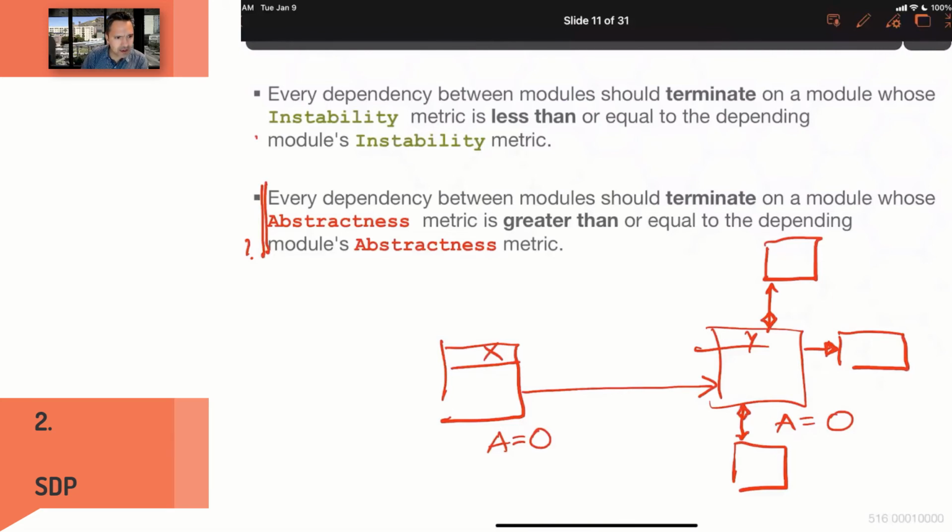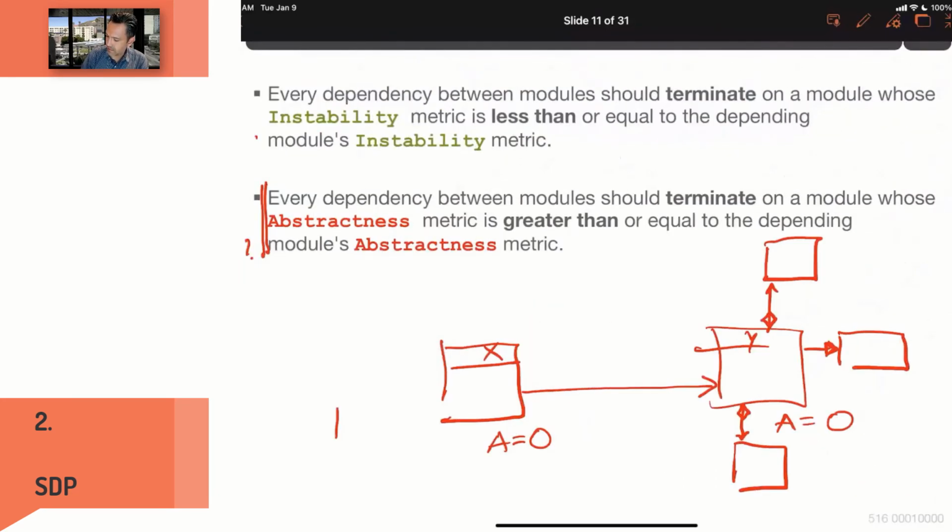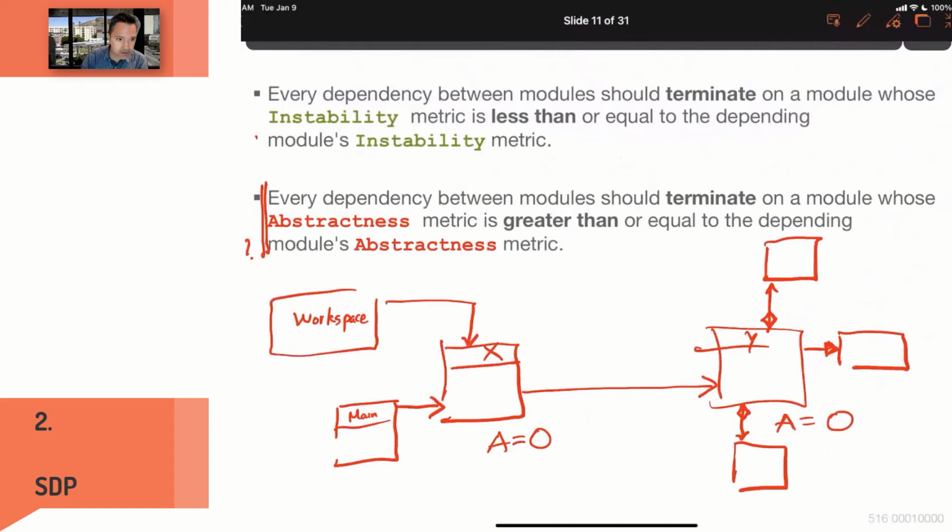And this class here, the opposite. Probably this is the main, and the main is going to use that class. And for some reason, maybe you have a workspace, and maybe that workspace is going to use that class. And you have a class diagram like this.